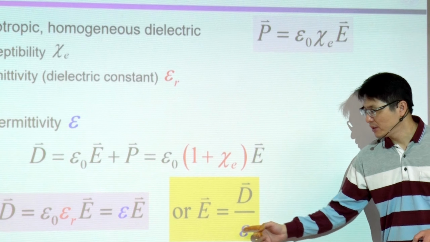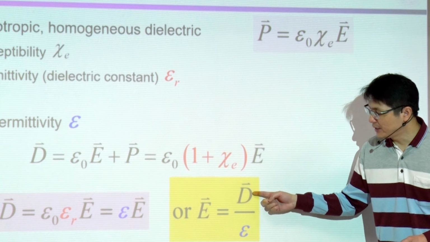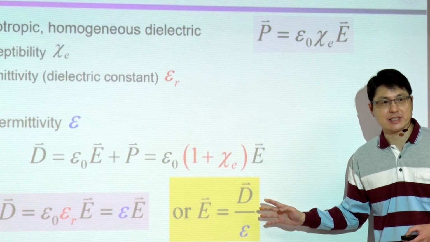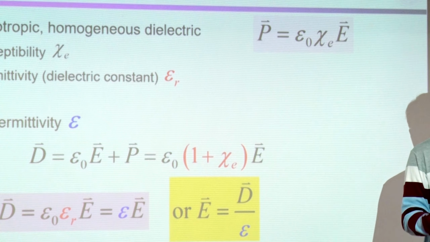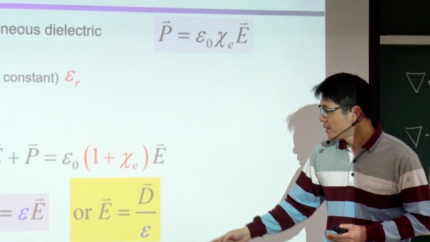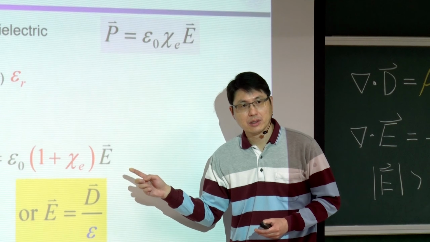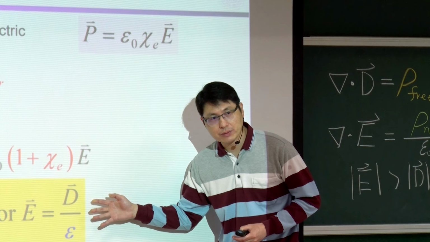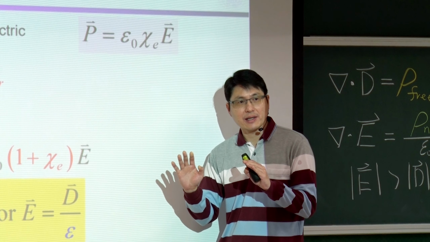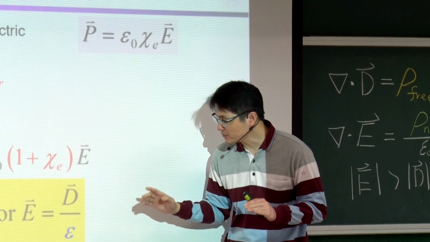This expression: E vector is the flux density vector divided by epsilon. This is making more physical sense. It's the same equation written in a different way, but now this is telling you there's no room for ambiguity.